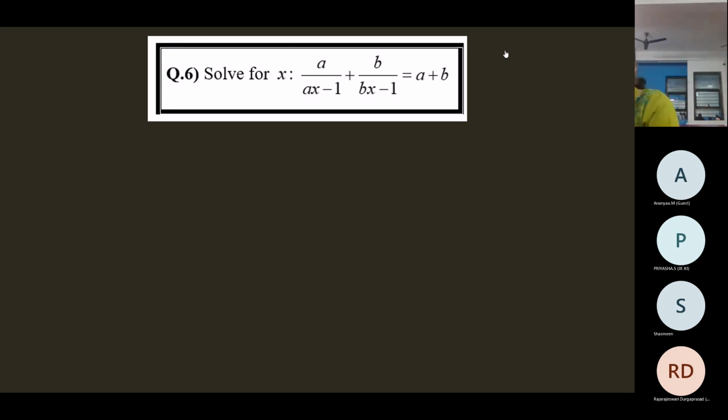Girls have a different answer. Okay, Hitesh's is different. Okay, online I've received from Priyasha and Raja Rajeshwari.